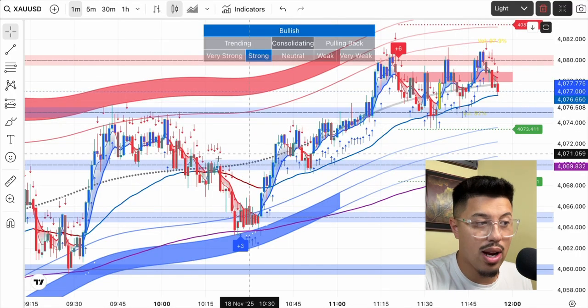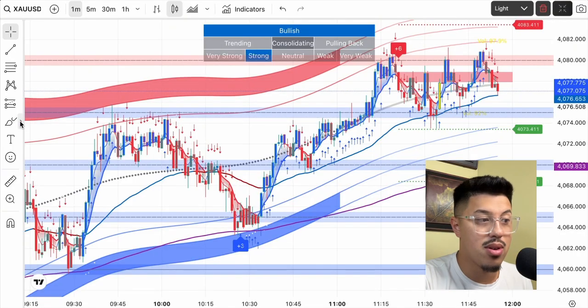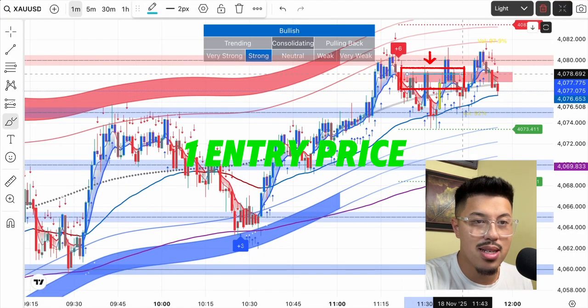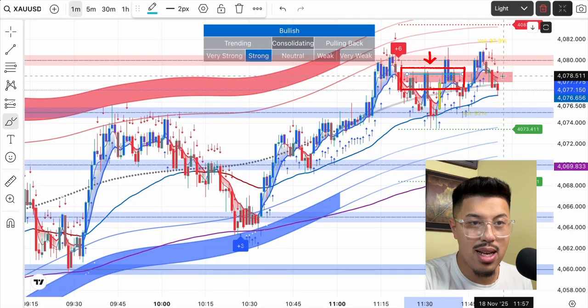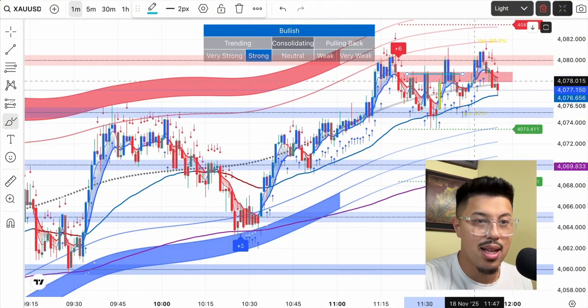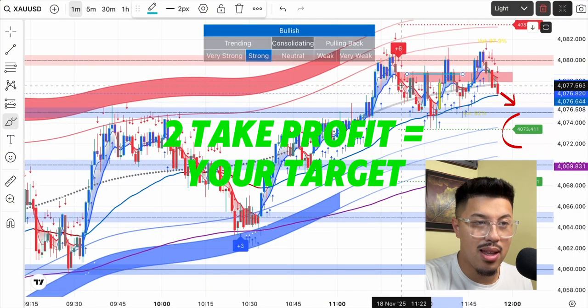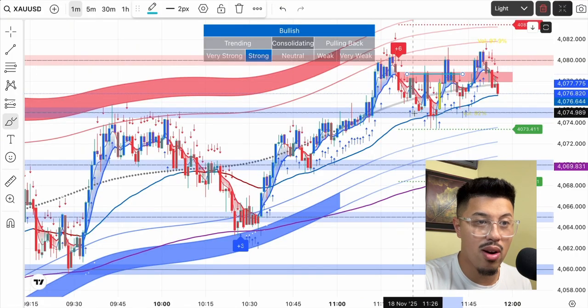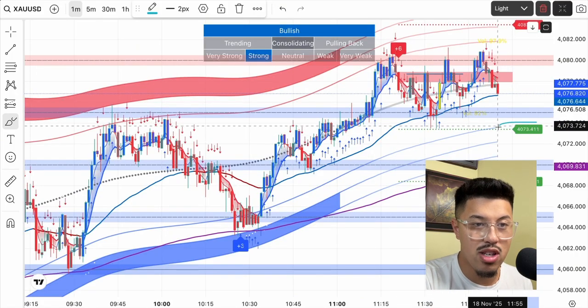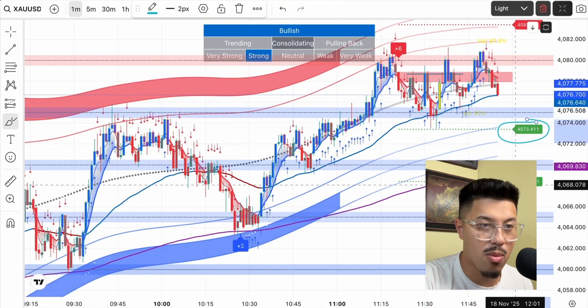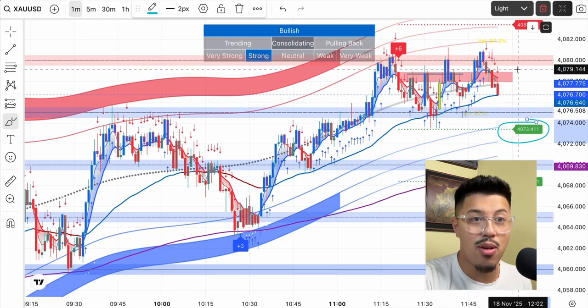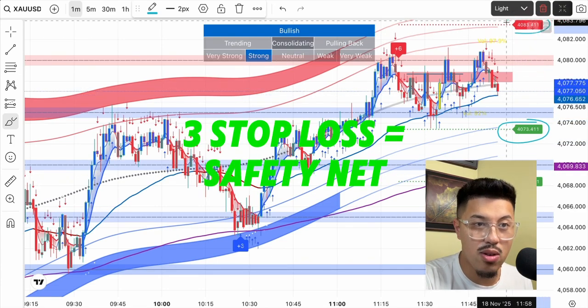So when you take a trade, you need 3 numbers, 3 prices. You need your entry, this red box, that's the first price over here. You can see the actual price. Then you need your target. In the case of shorting the market, your target is below the price. So you just focus on the first target, not the long-term one initially. And then you have your stop loss, your safety net in case the trade goes the wrong way.